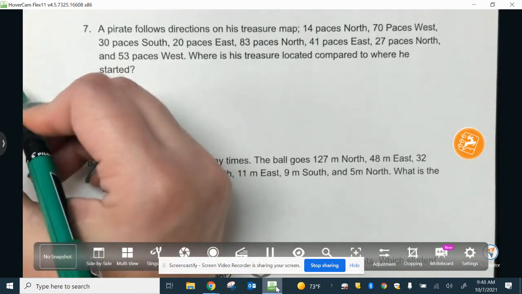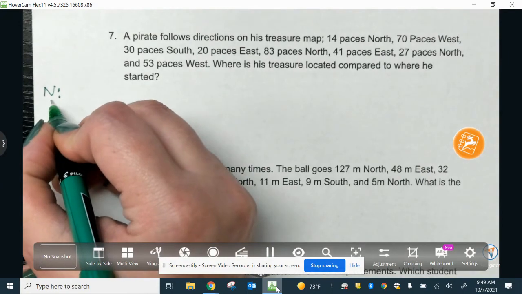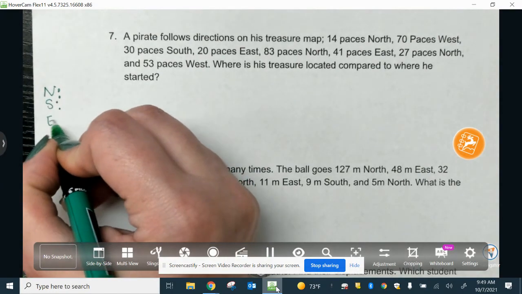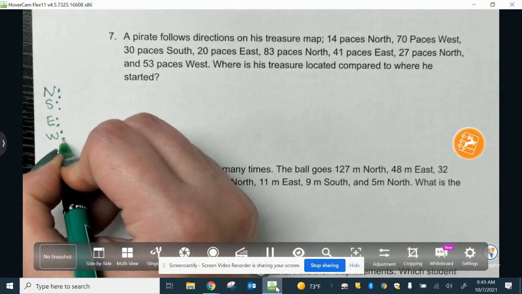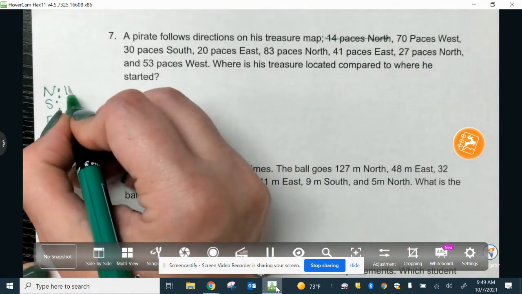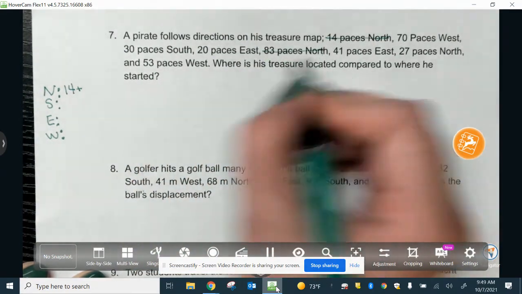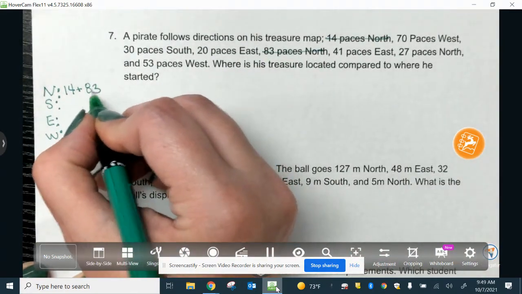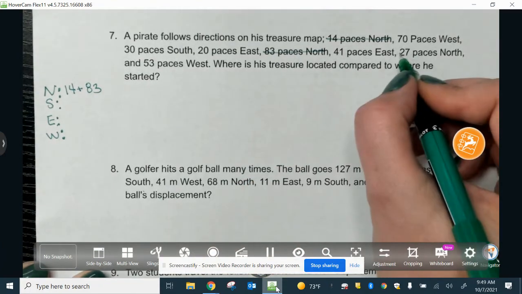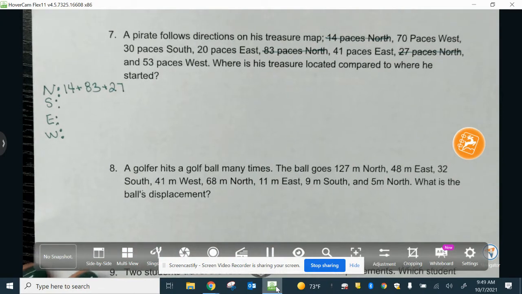So the way I would solve this is start by figuring out the direction. So I'm going to do north and south, then east and west. So north, we had 14 paces, 83 paces, and 27 paces.